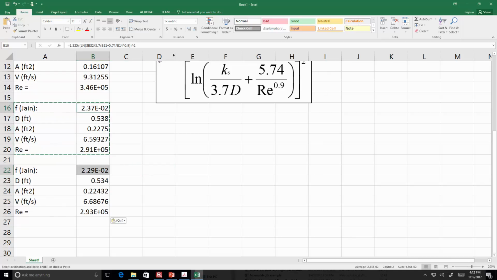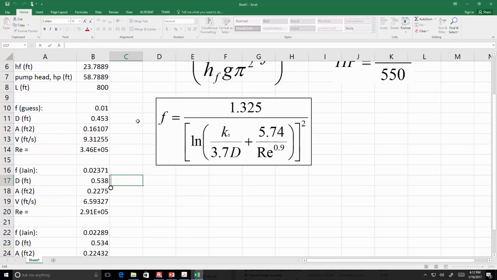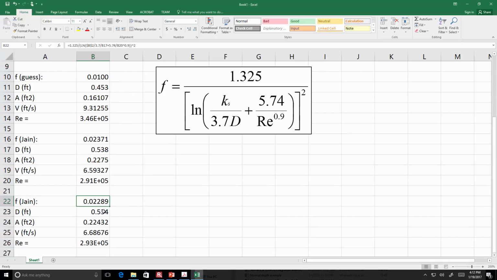Okay, so here's the f values. So they're not changing as much. The first one went from 0.01 to 0.023. Then it's a smaller adjustment in the second step. And if you look at the diameters, it's just sort of a minor convergence.